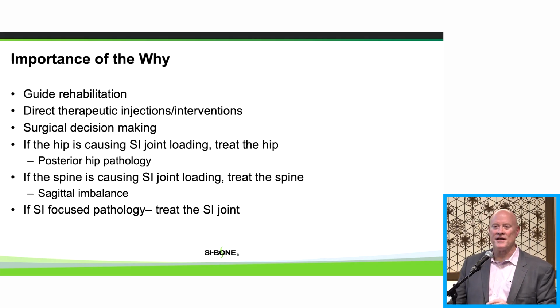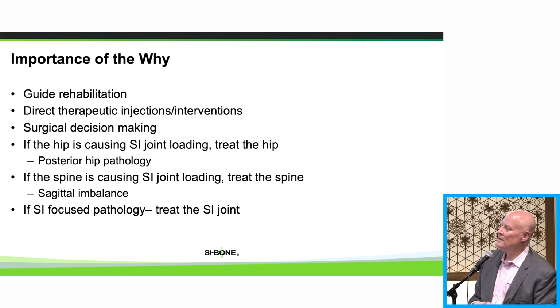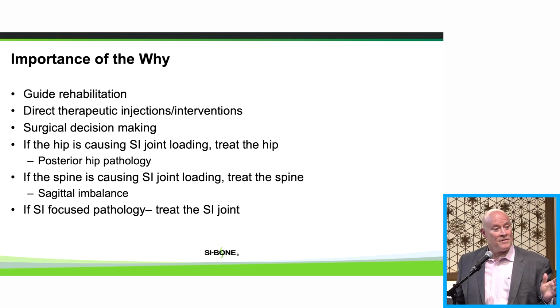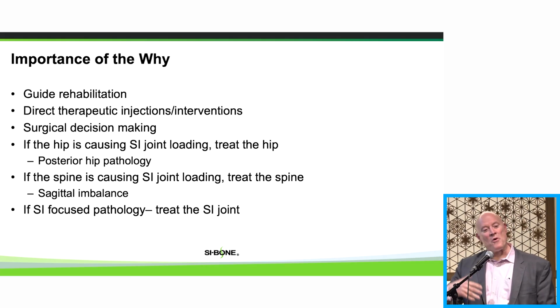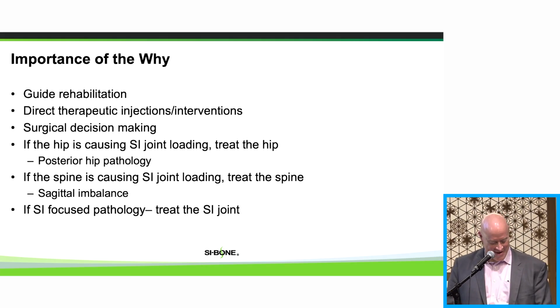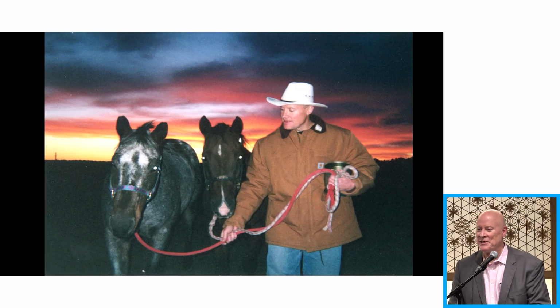They need an osteotomy and a realignment. And if it's SI joint pathology, they have dysfunctional abs and a dysfunctional pelvic floor, they failed physiotherapy, treat the SI joint. So I'm more of a why guy than a how guy. So with that, thank you.